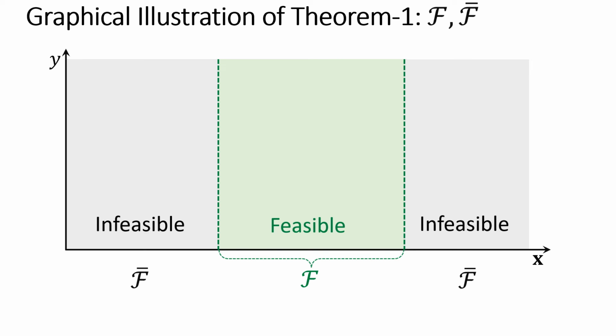Graphical illustration of theorem 1. In this illustration, we shall focus on only a single dimensional x. So that's along the horizontal axis. And the green region here is the feasible region, and the regions shaded gray are infeasible.